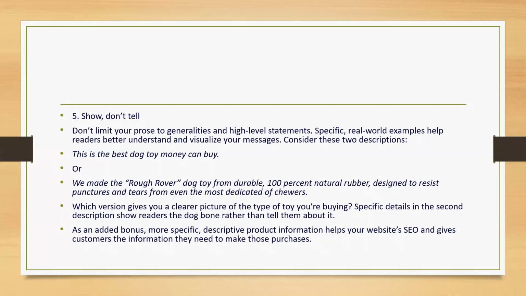Which version gives you a clear picture? You can understand that obviously it's the second one. So as an added bonus, more specific descriptive product information helps your website SEO and gives customers the information they need to make those purchases.